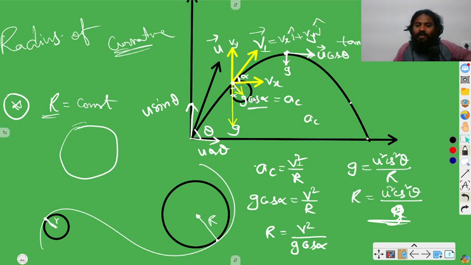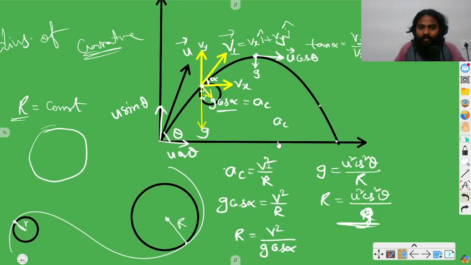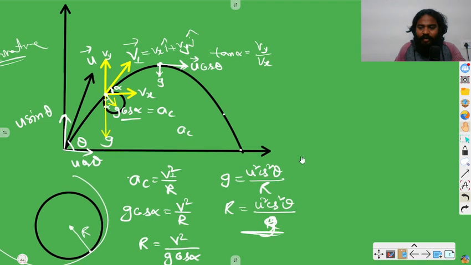Now one more important point you can observe here. Just imagine the velocity is v at this point, then vx is nothing but v cos alpha.